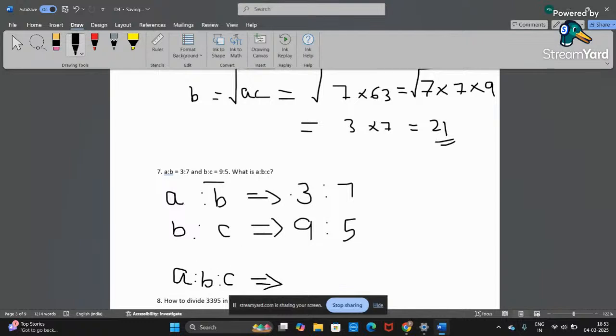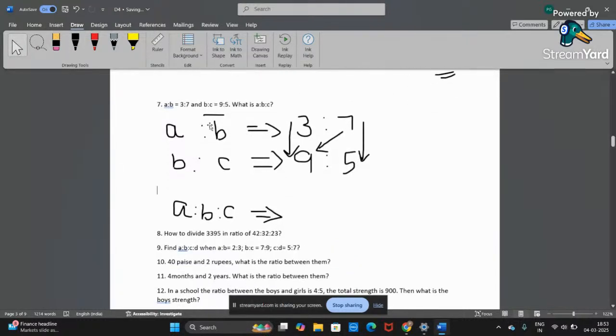We have to multiply. To find the A value, we have to multiply 3 into 9 downways. To find the B answer, we have to multiply in crossway. To find the C answer, we have to multiply again downway, in a straight line. 3 nines are how much? 27.